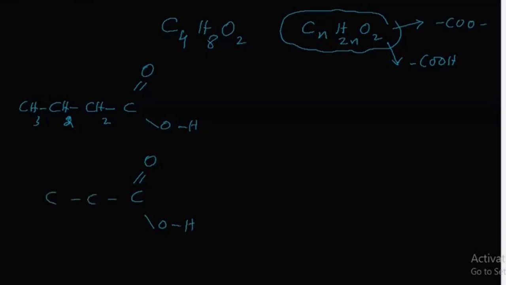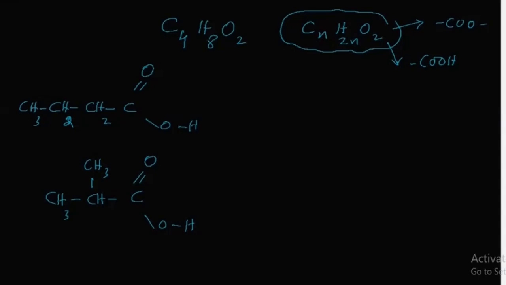You can't attach the carbon atom to the terminal carbon, because then you will get the same structure. So you can add the carbon to this carbon, and you will get this type of structure. These two structures are different: they have the same molecular formula but different structural formulas. That's why they are isomers. So these are the two different forms of carboxylic acid.